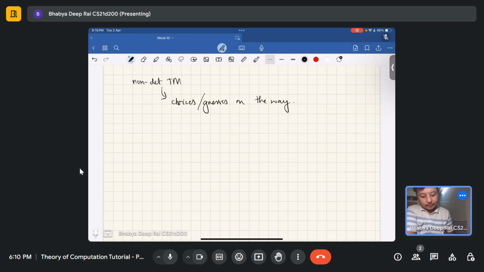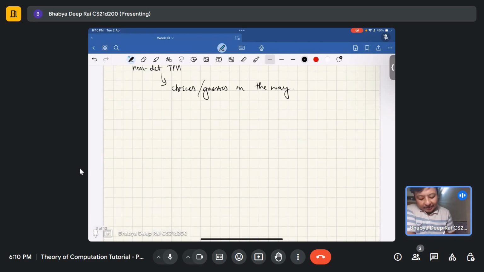Okay. So suppose I say this is the working of M1. M1 works as follows. This is how I'll represent it. I am in a start configuration. Now my machine can move to various states, right?